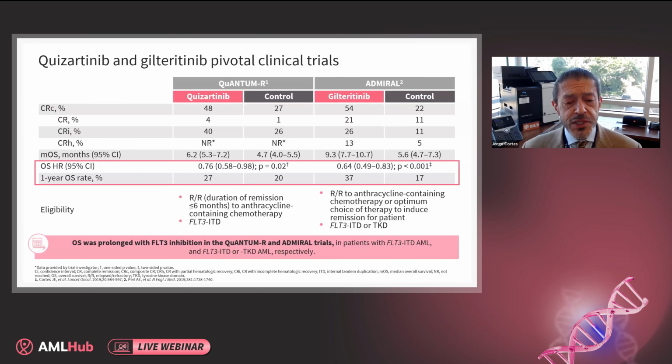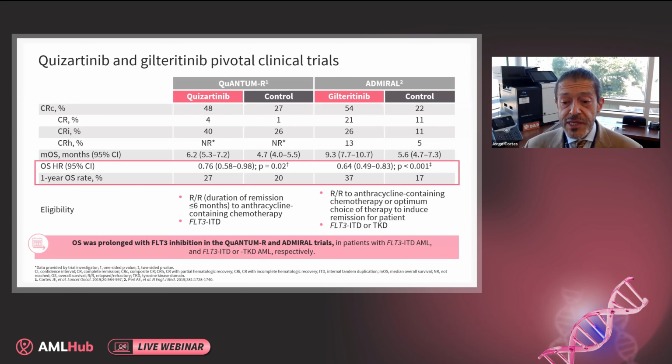In the Quantum R, patients that were relapsed should have a short remission duration of less than 6 months, and they should have received an anthracycline-containing regimen. They could only have ITD, not TKD. The Admiral study included any prior therapy.